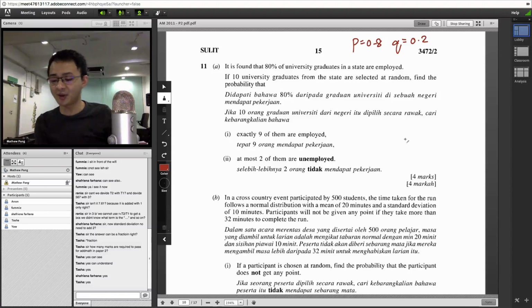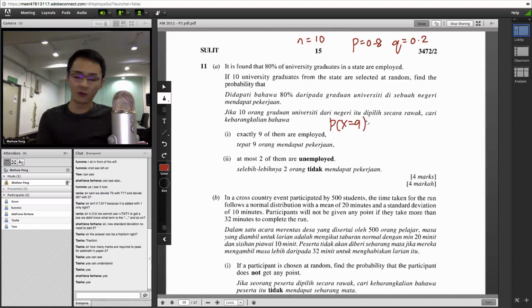If 10 university graduates from the state are selected at random, I know n equals 10. Find the probability that exactly 9 of them are employed. So 9 of them are employed means X equals 9. I hope you remember the formula for this one.